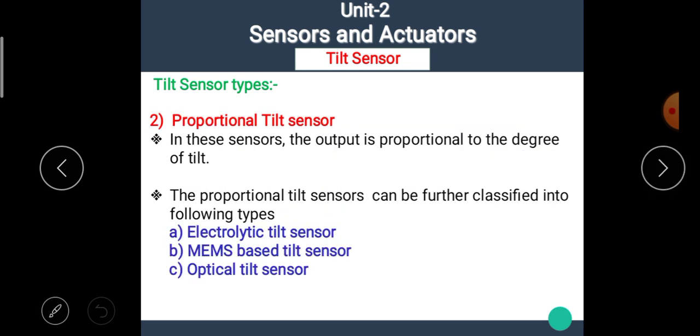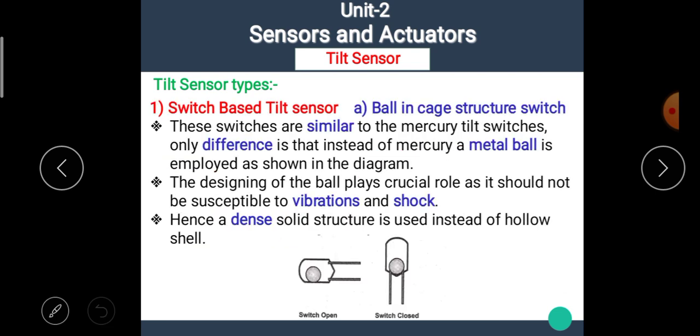Now let's see the second type, the proportional tilt sensor. In these sensors, the output is proportional to the degree of tilt. That means in the previous type of sensors, we saw that there are only two states, open switch and closed switch.